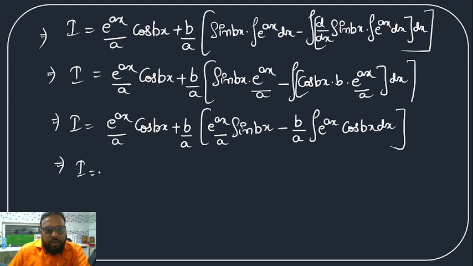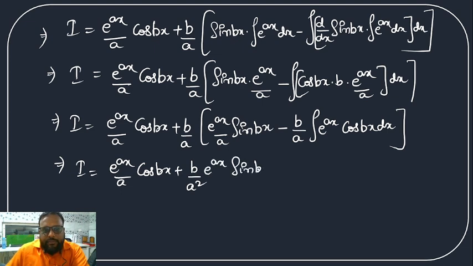So I equals e to the power of ax by a cos bx plus b by a square e to the power of ax sin bx minus b square by a square I. Again I'll bring this minus b square by a square I to the LHS.